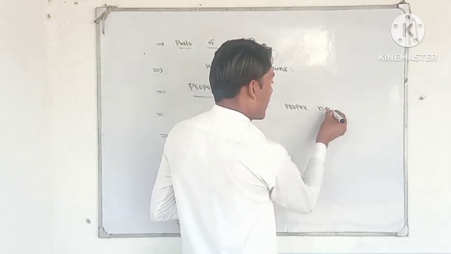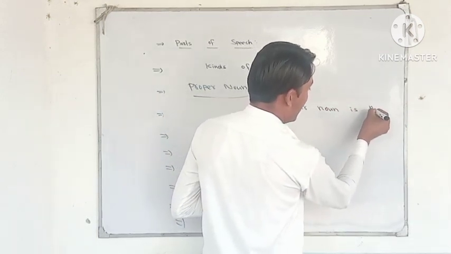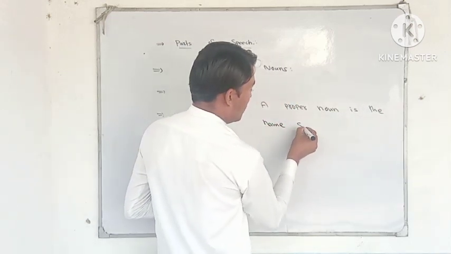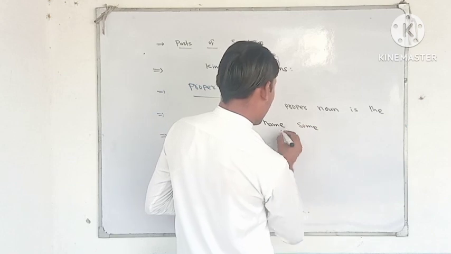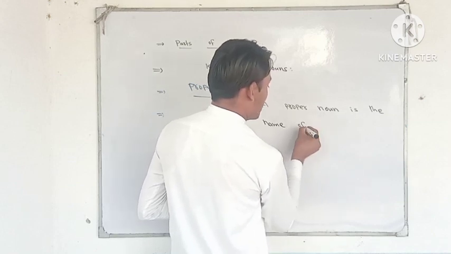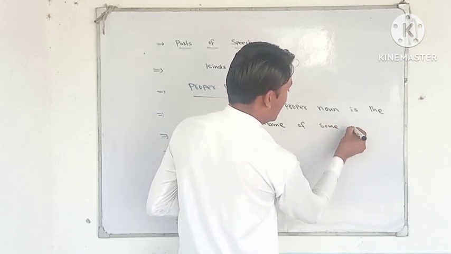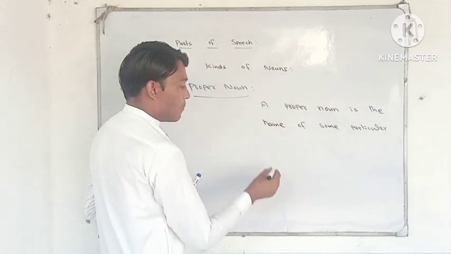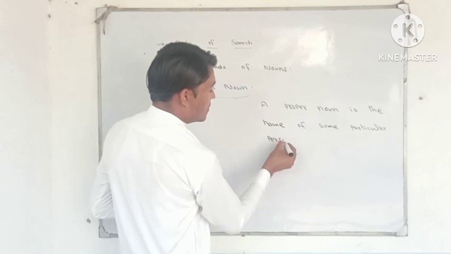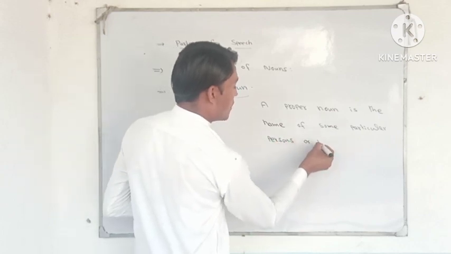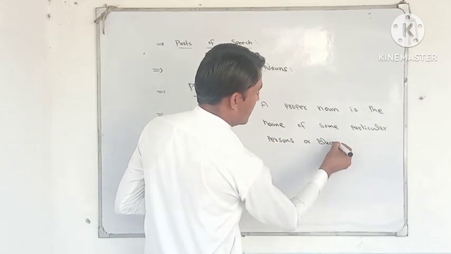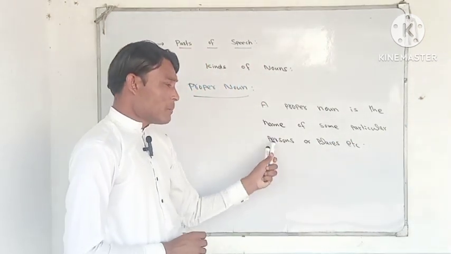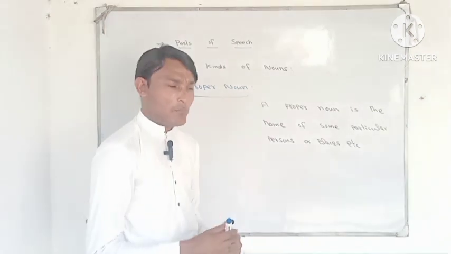A proper noun is the name of some particular persons or places, etc. For example, let's talk about particular persons.